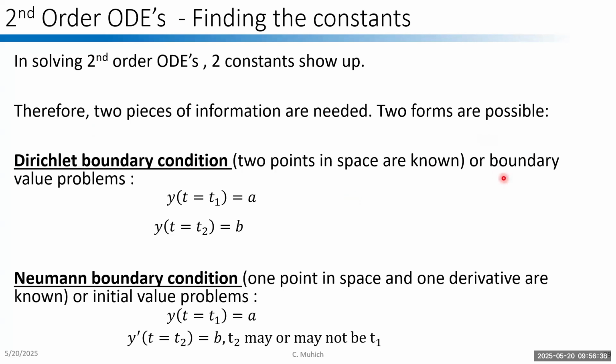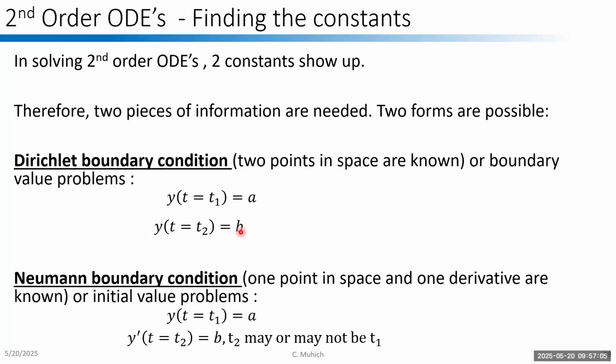These are sometimes called boundary value problems. For example, I need to know a value in space at two different points. So y at some t1 equals a, and y at some other point t2 equals b. So I know information about y at two points in space, and I can therefore solve for my two constants.